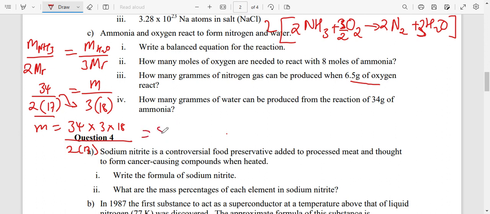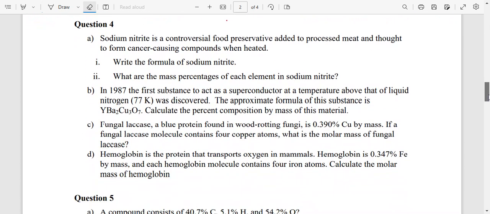That is going to give us 54 grams of water to be produced. We can consider question 4. For question 4, you can allow me just to end on A, and then we're going to complete the B, C, D other questions.